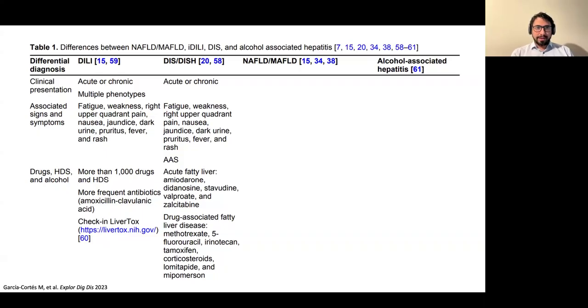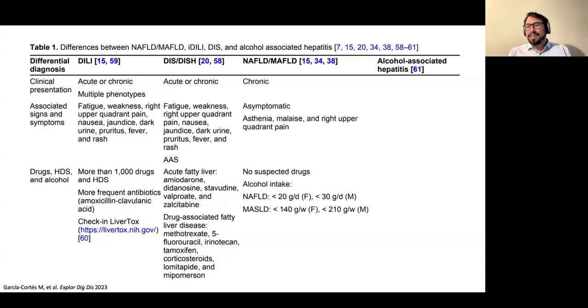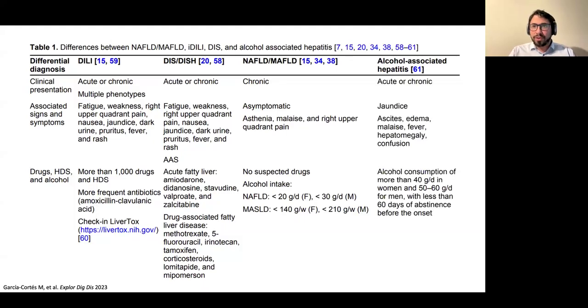The most typical medications are amiodarone, valproic acid, methotrexate, tamoxifen, corticosteroids, among others. And MASLD is basically chronic, asymptomatic. We need to exclude alcohol, and alcohol-associated hepatitis. It's a very acute episode of toxicity due to alcohol, and it's typically a cholestatic disease.